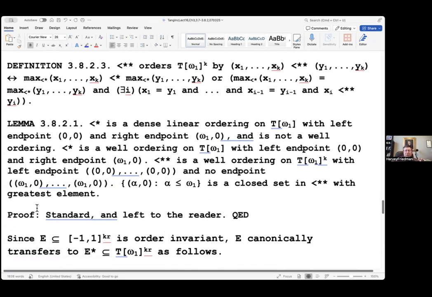Now, less than star is dense, so we can summarize this. Less than star is a dense linear ordering on T omega 1 with left endpoint 0,0 and right endpoint -1,0, and it's not a well ordering, of course. Less than star is a well ordering. I'm sorry, this is less than double star.